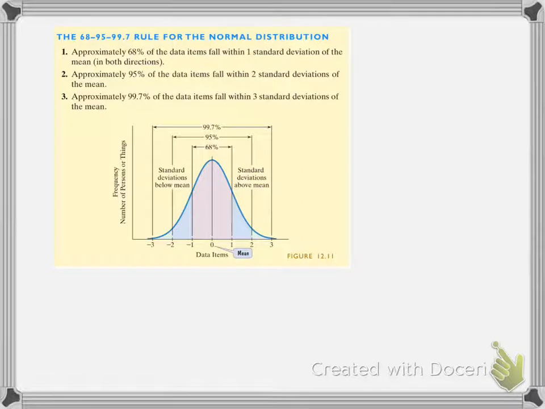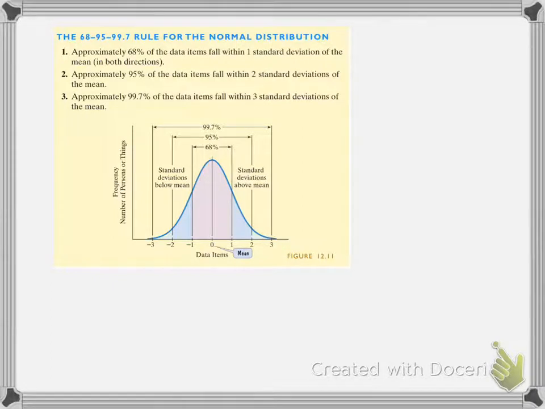In the normal distribution, the mean, median, and mode are all at the middle of the curve right there. So whatever that particular item is would be the middle. So the mean, median, mode are all the same in the normal distribution, and they're at the peak of the curve. It'd be the data value at the peak of the curve.